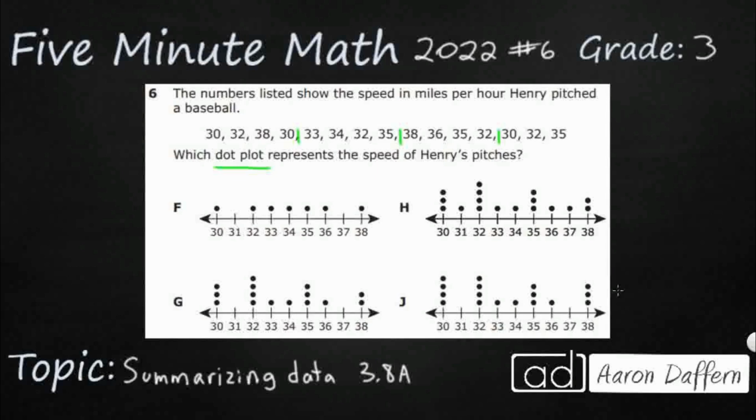So probably rather than just randomly trying to put these onto a dot plot, it'd be best if we created a frequency table just because the numbers aren't listed in order. So it looks like all of these have a range that goes from 30 to 38. So they've got a range of 8. So that's what I'm going to do.